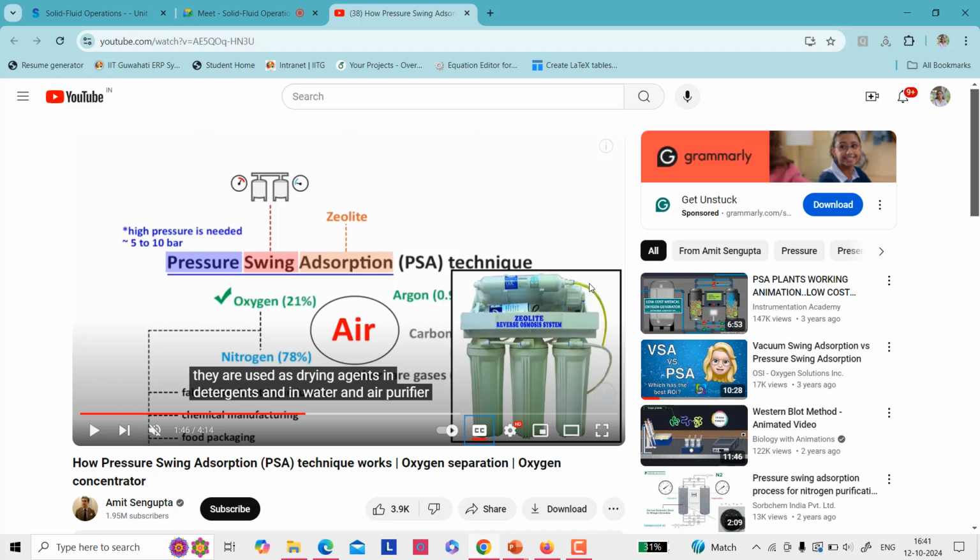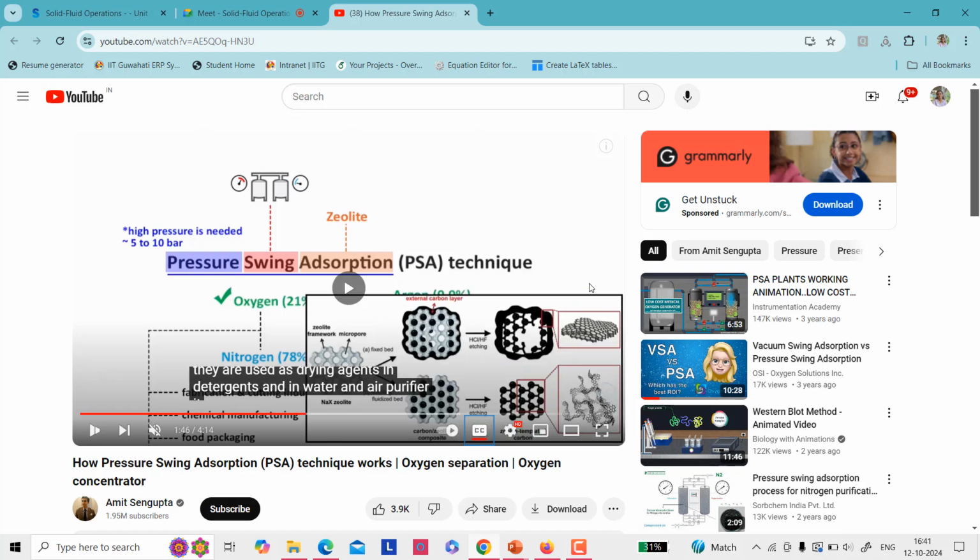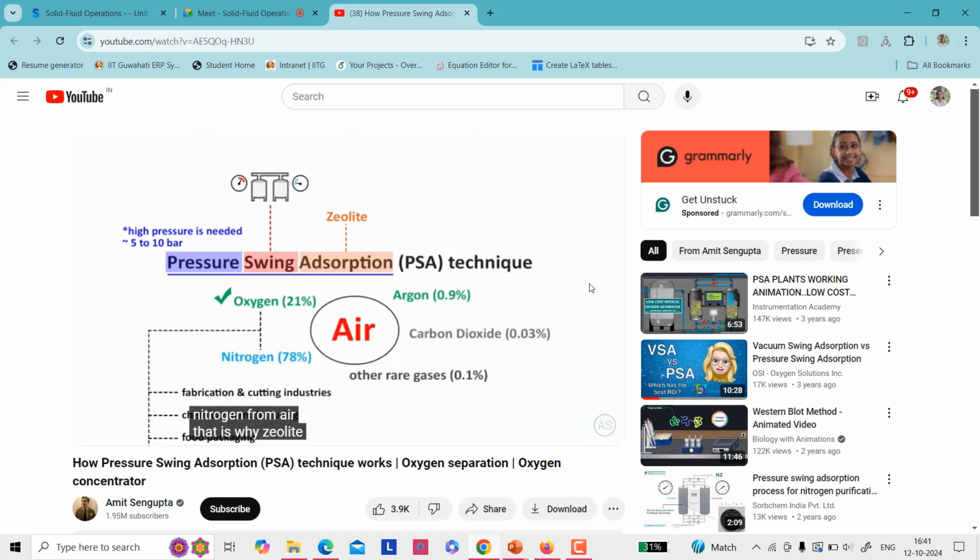It contains micropores that adsorb nitrogen from air. That is why zeolite is used in this technology for the production of oxygen. It is because of this adsorbent that oxygen gets separated from air. That is why zeolite is also called a molecular sieve.